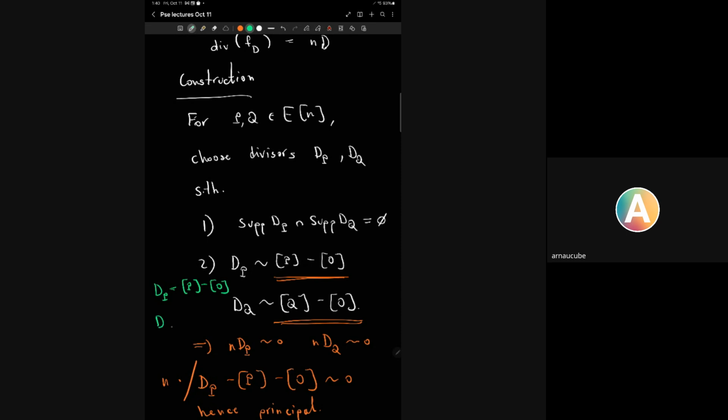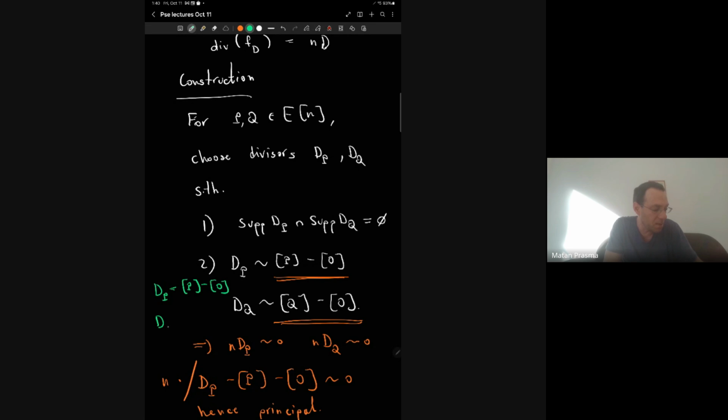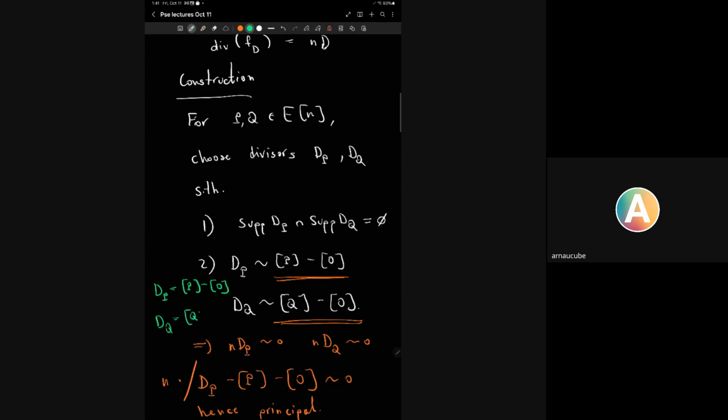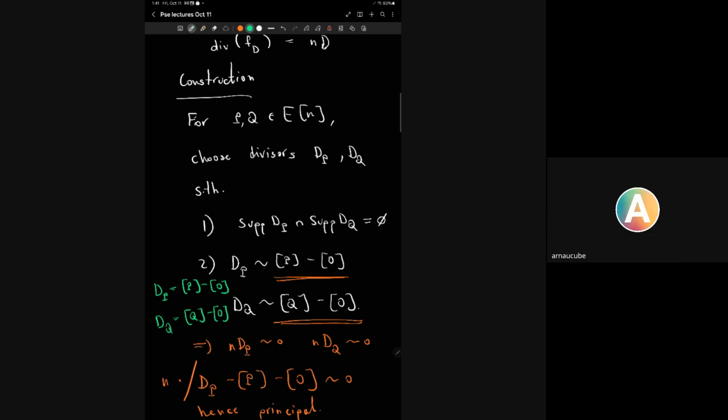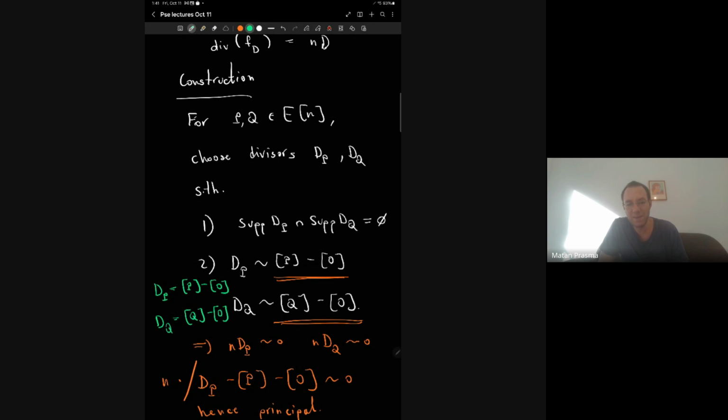I didn't say that dP is principal, only n dP needs to be principal, which is what you showed in the previous section. Yes, but why can't I choose dP equal to P minus O and dQ equal to Q minus O? Surely it satisfies the second condition, because any two divisors that are equal are necessarily equivalent. Oh, the issue, do you have an idea, Nicholas?